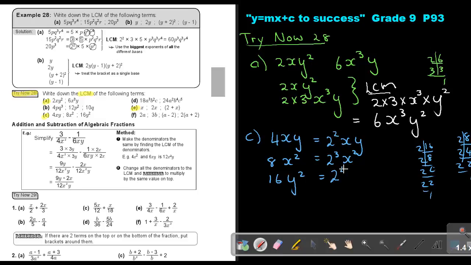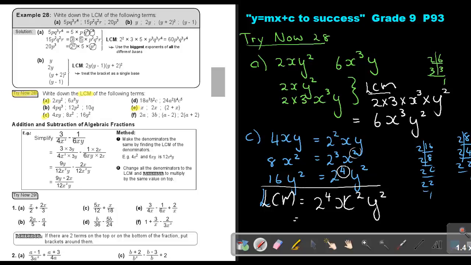So it's 2 to the power 4, and y squared. If I'm going to find the lowest common multiple, it's going to be these. What's the biggest exponent of 2? That's 4. What is x? The biggest exponent is the 2. And y, the biggest exponent is also 2. Now 2 to the power of 4 is 16. So it's 16x squared y squared.